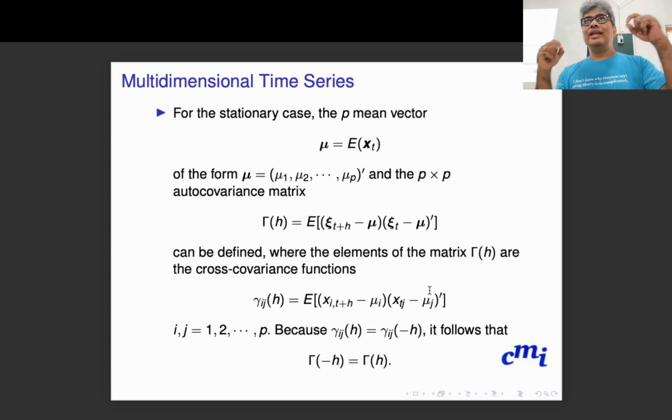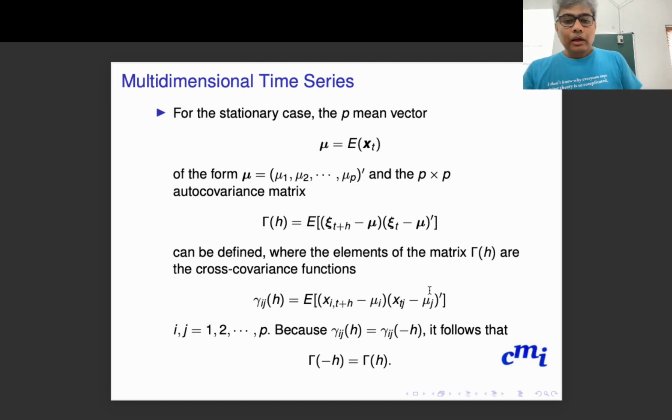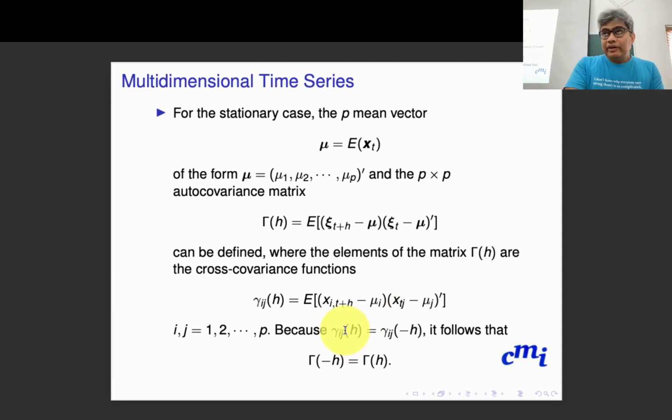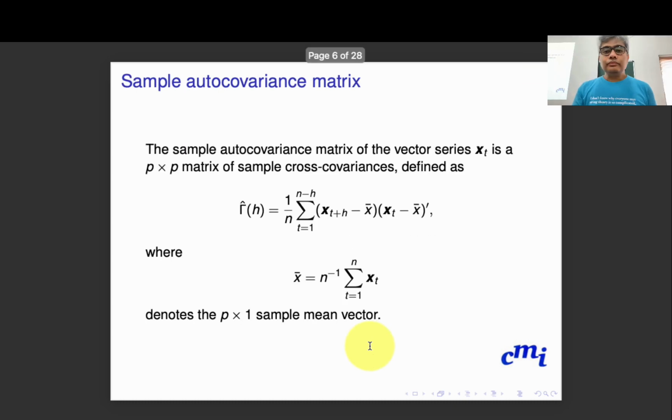So for each lag you will get a p cross p autocovariance matrix. If it is stationary, then gamma ij of h and gamma ij of minus h, this symmetry will hold.